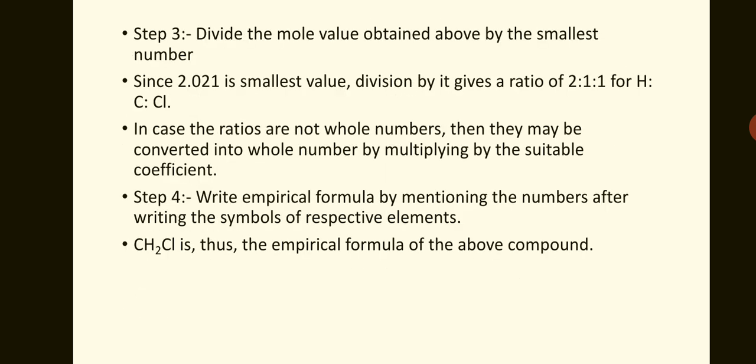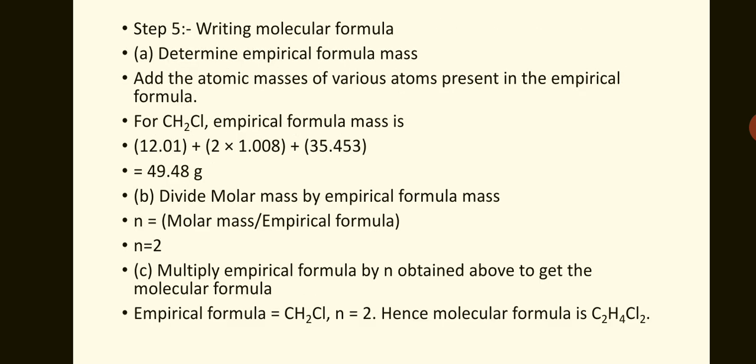So 98.96 divided by 49.48, you will get 2. Now we will multiply empirical formula by N obtained above to get the molecular formula. Empirical formula is CH2Cl and N is 2, so hence molecular formula will be CH2Cl multiplied by 2, so you will get C2H4Cl2.